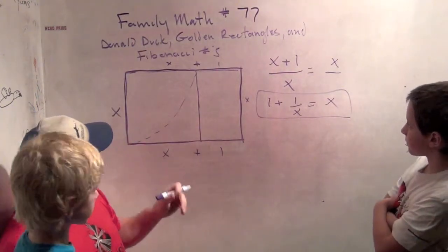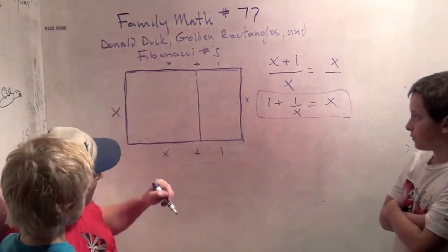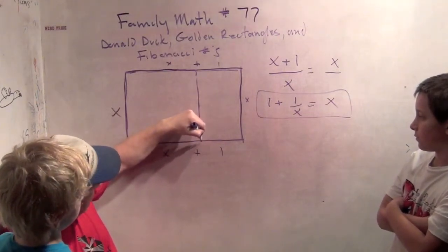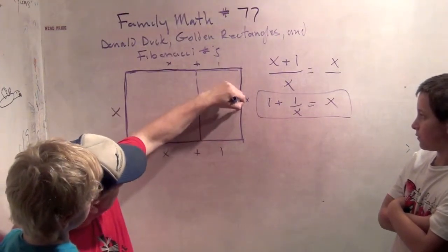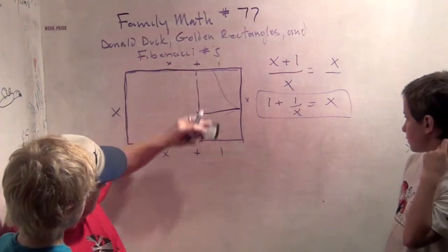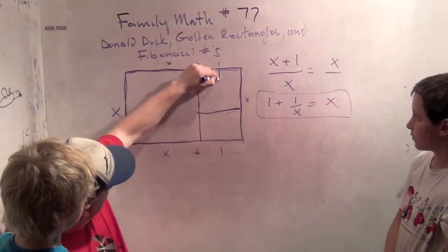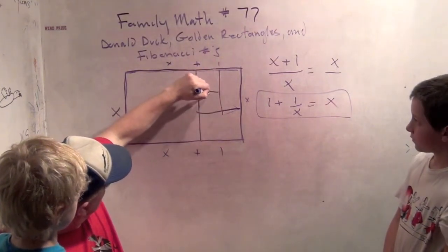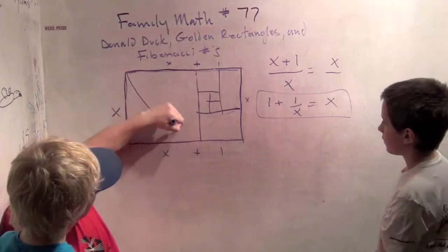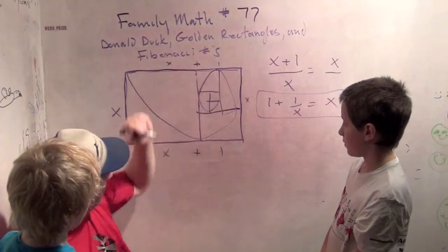All right, so the way we made the Fibonacci spiral, or the way we made a spiral in here, is we kept folding up like this. We had a rectangle here, folded up here, and like that.